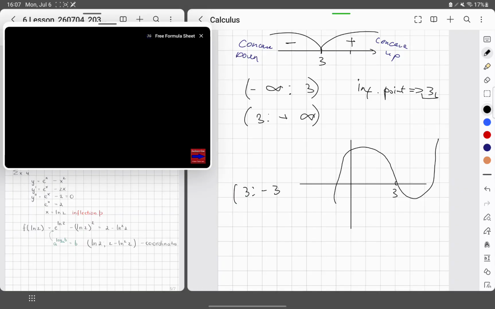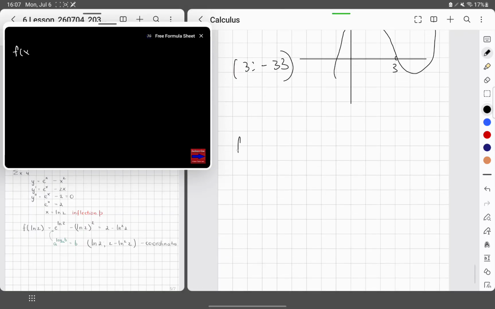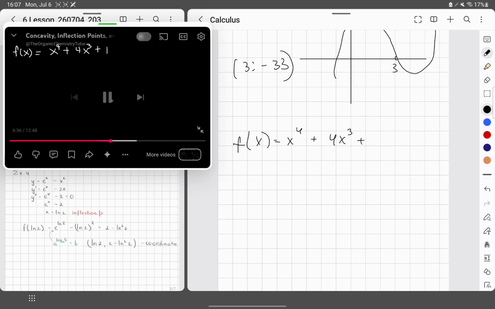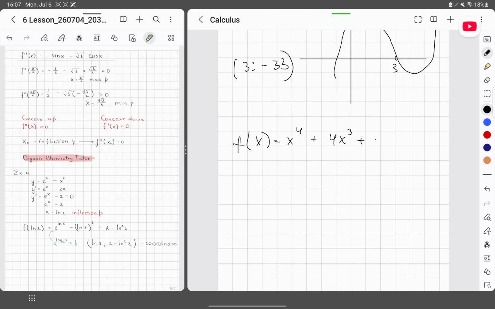Now let's work on another problem. Let's say that f of x is x to the 4th plus 4x cubed plus 1. Let's do this by myself. Let's find the first derivative of this function. It will be 4x cubed plus 12x squared.